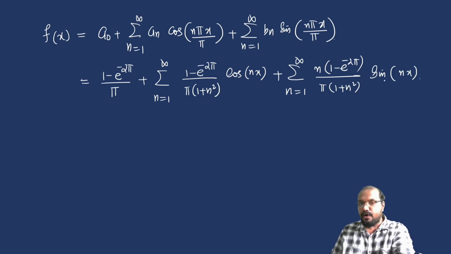If you want to take the common factors outside, you can take 1 minus e raised to minus 2 pi by pi. That is a common factor for all these terms.